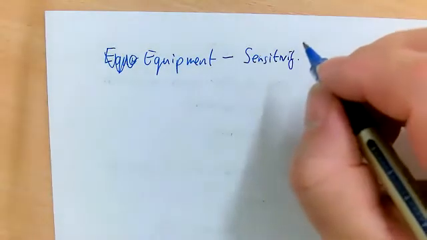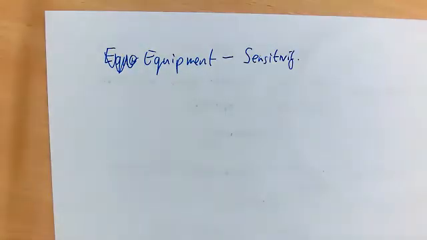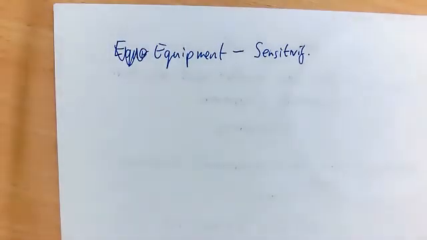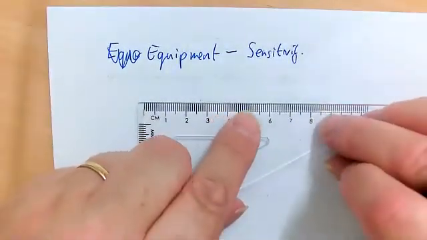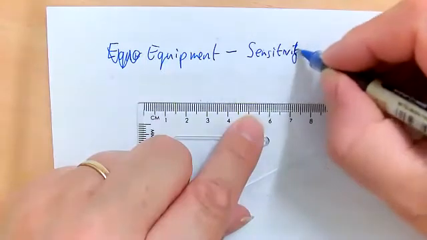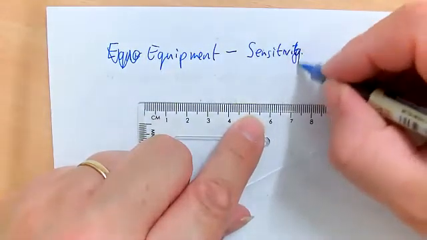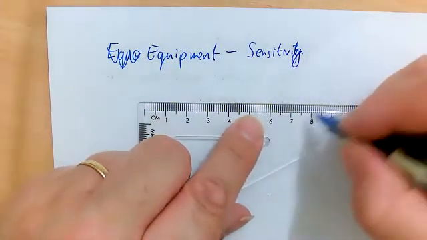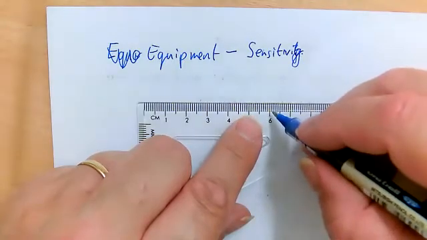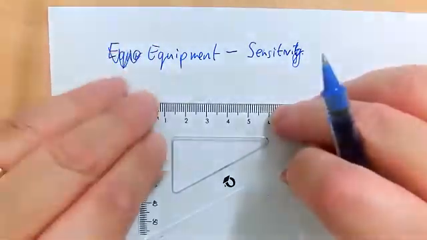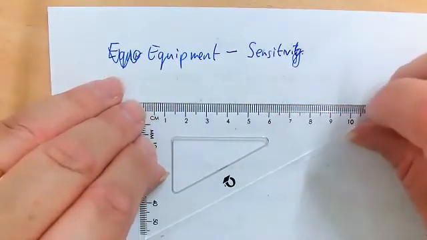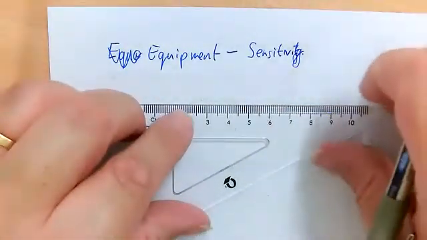So for example, if you had a 30 centimeter ruler, the sensitivity of this scale here is to the nearest millimeter. Okay, so that's the uncertainty in a measurement of the length of a line, let's say. Okay.